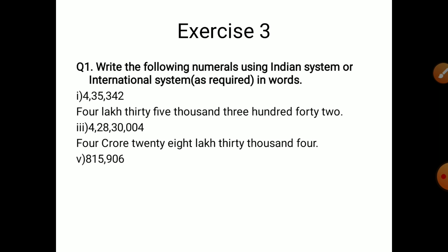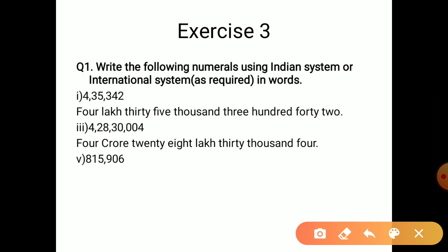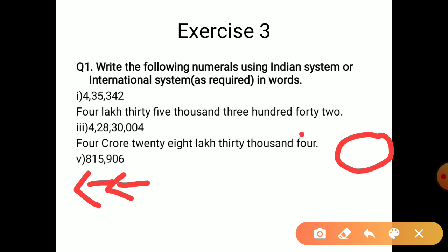My next question is 815906. So if you figure out, there is a comma after 3 digits and we have 3 digits. If you remember, in the international system, in a single period we have 3 digits. We have 3 digits in ones period, 3 digits in thousand period, and 3 digits in millions period.